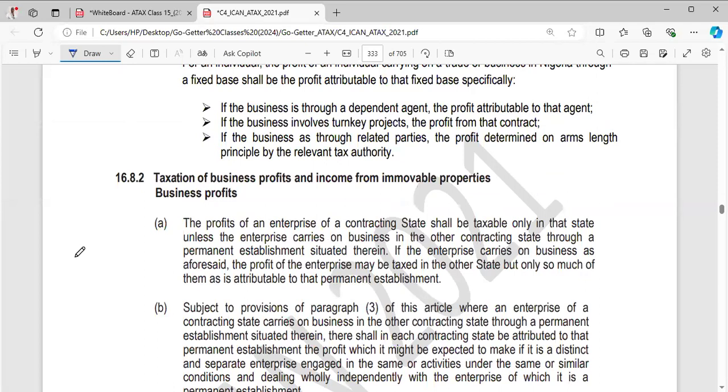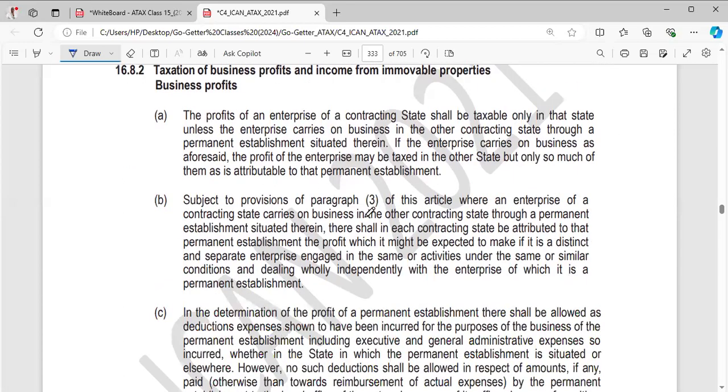Now, in business profit, they said the profit of an enterprise of a contracting state shall be taxable only in that state unless the enterprise carries on business in the other contracting state through a permanent establishment. So the profit of an enterprise that is based in a particular state shall be taxed in that state, except if in the other place it is carrying on a business by way of establishment of a permanent establishment.